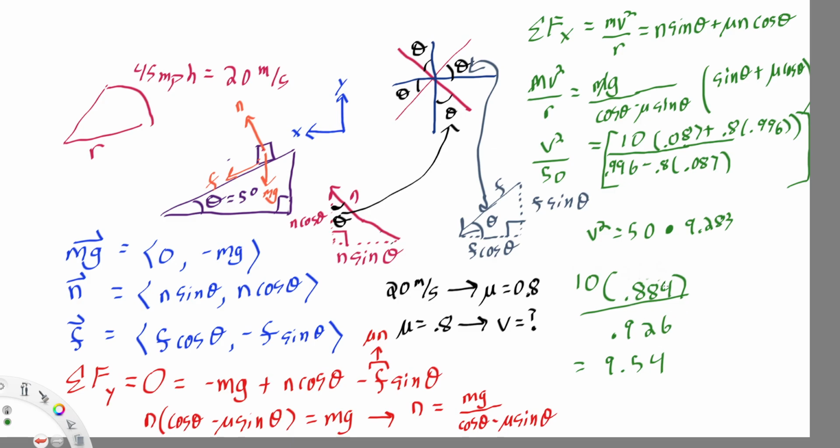Right, so 0.884 is smaller than 0.926, but not by a bunch. So 0.884 divided by 0.926 is a little less than 1, but not like a ton less than 1. So 10 times something a little less than 1 should be a little less than 10.